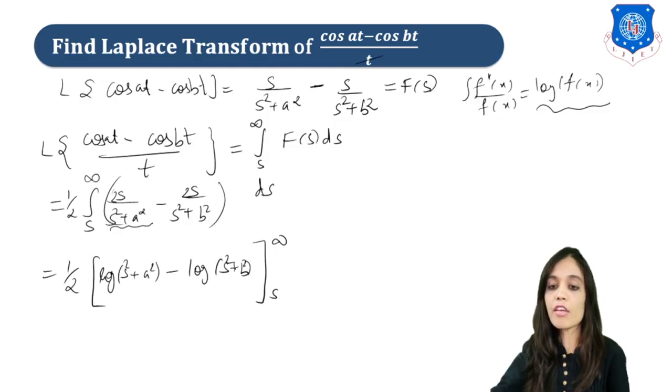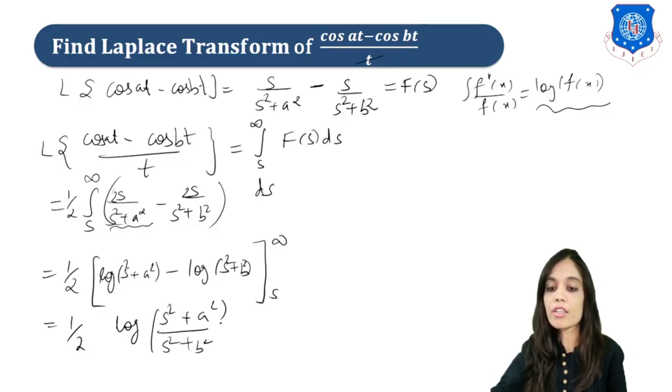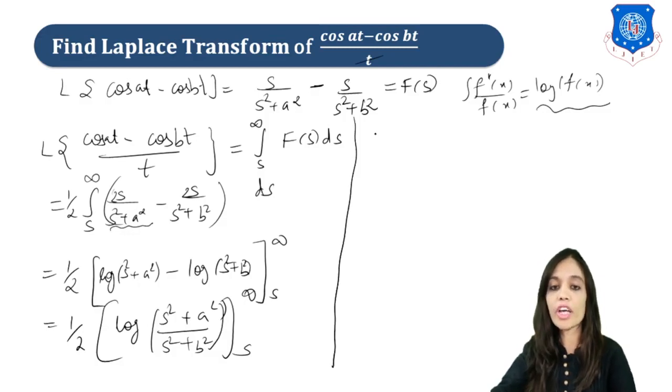So now log a minus log b, that will be again log a upon b. So log of s square plus a square upon s square plus b square, and your limits are s to infinity. Now before putting the upper limit, that is infinity, again we have to simplify it by taking common s square.